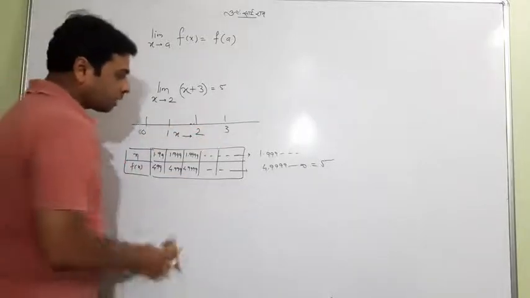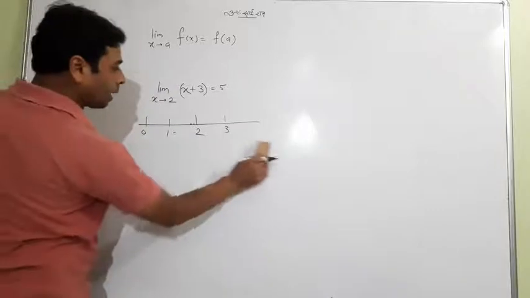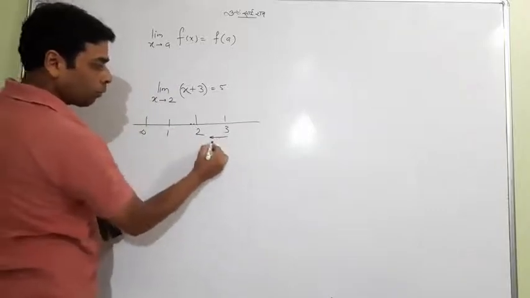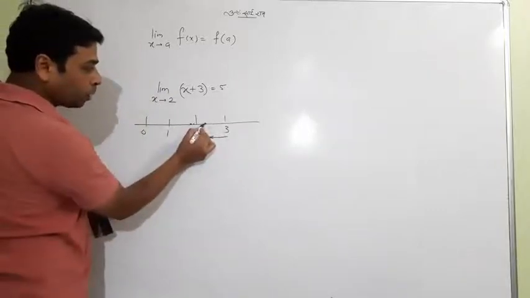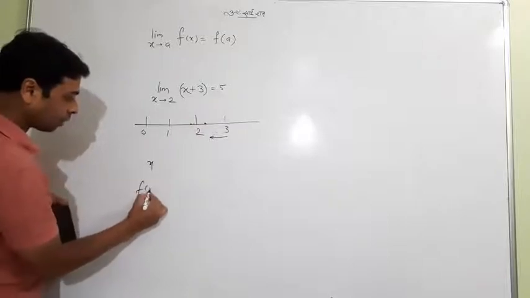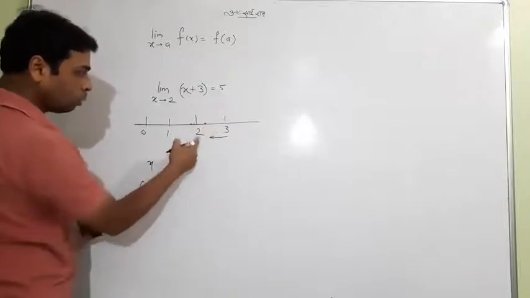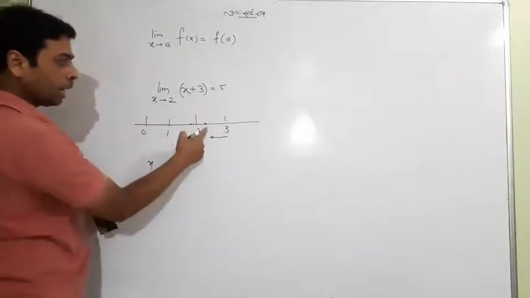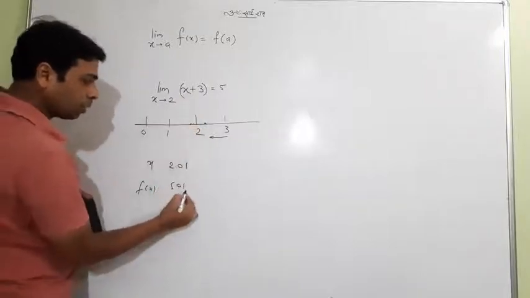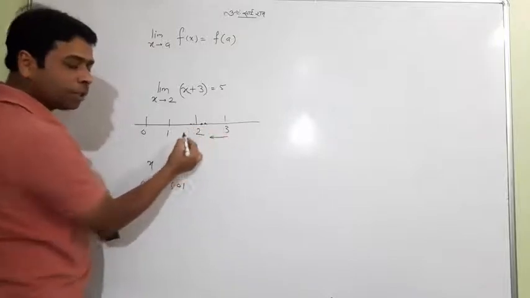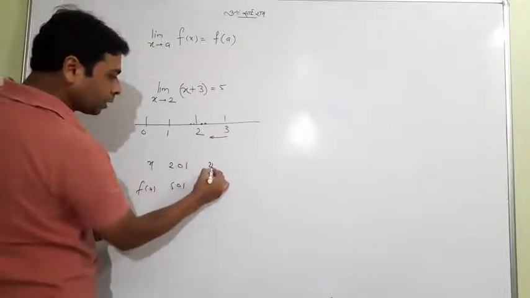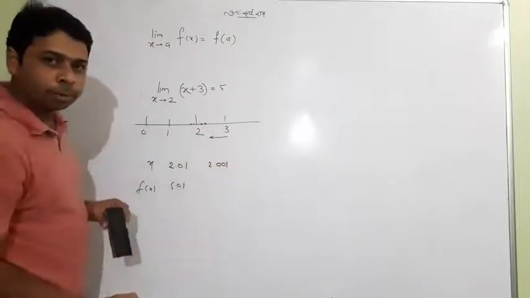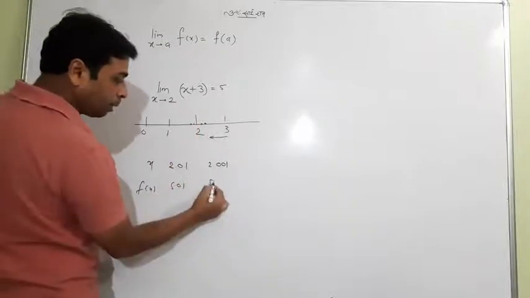Similarly, when x approaches from the right direction, suppose this point is x and it is f of x. Suppose x is very close to 2, which is 2.01, then the answer is definitely 5.01. When x goes even nearer to 2, attaining the value 2.001, your answer will be 5.001.